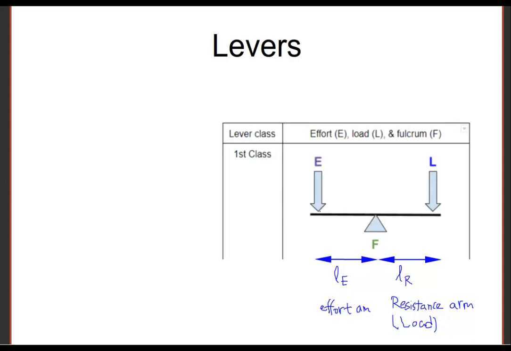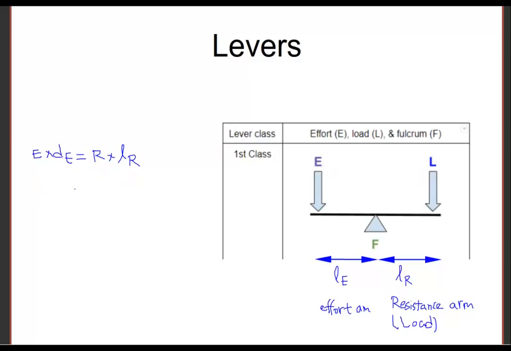Now effort applied to this beam causes counterclockwise torque. So we can write E times LE is equal to R times LR. Instead of load I'm writing R as resistance, no matter.